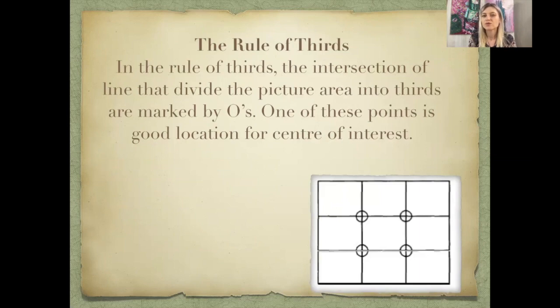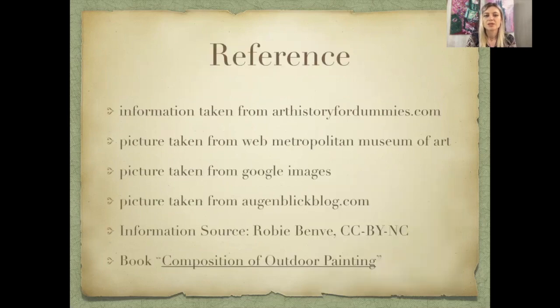So if you're drawing, for example, a person, you would concentrate on these parts of your picture where these circles are. This is your best understanding of where your focal point should be. So these are our references for all this information we just covered in the slideshow. And now we're gonna put this into practice.